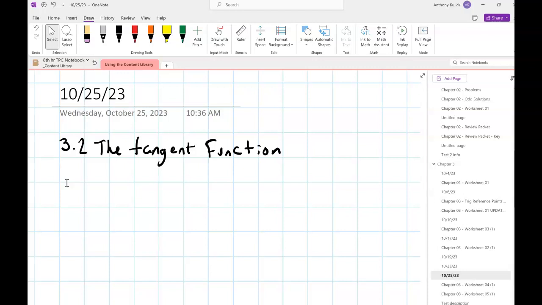So the procedures to do the three kinds of problems we've been talking about are going to be almost identical. There'll be just some small differences because the tangent function is obviously different than sine and cosine, but it'll be just minor modifications. The approach to all the problems we're going to look at today is going to be the exact same.